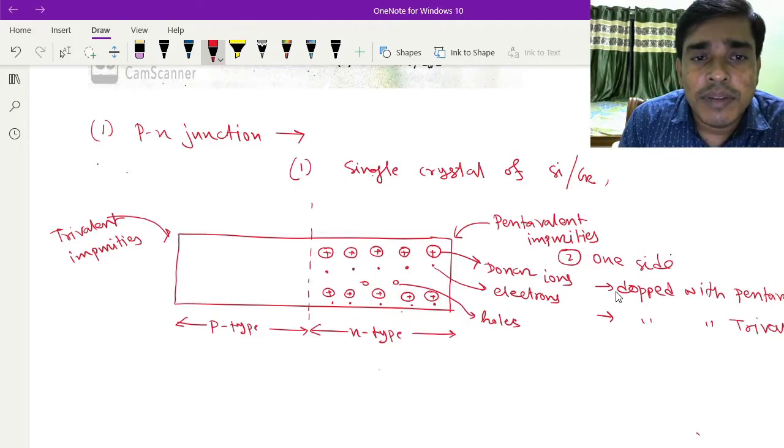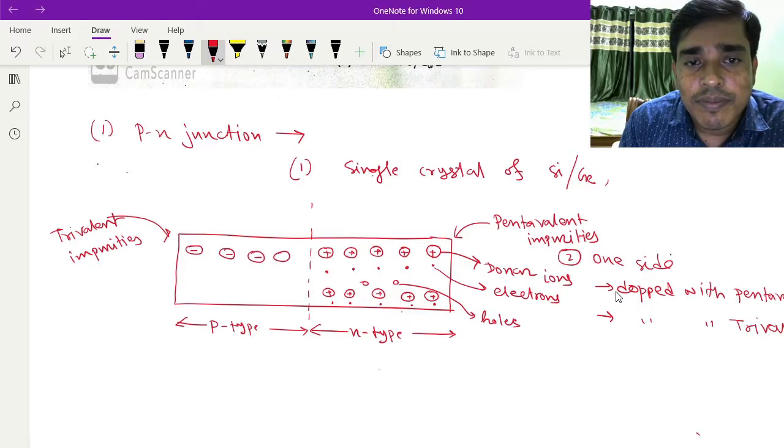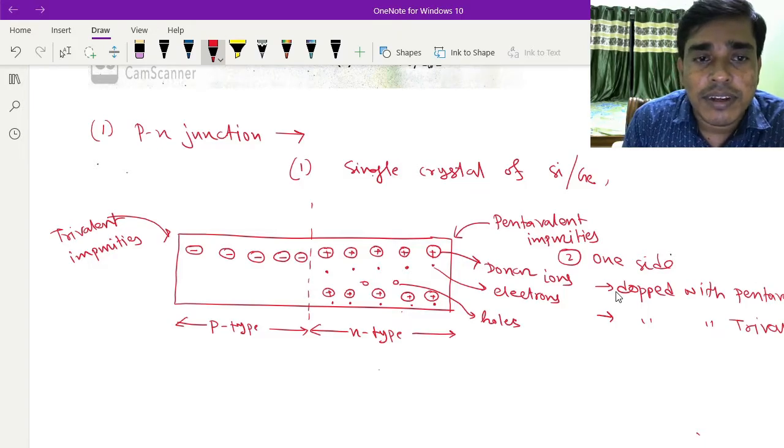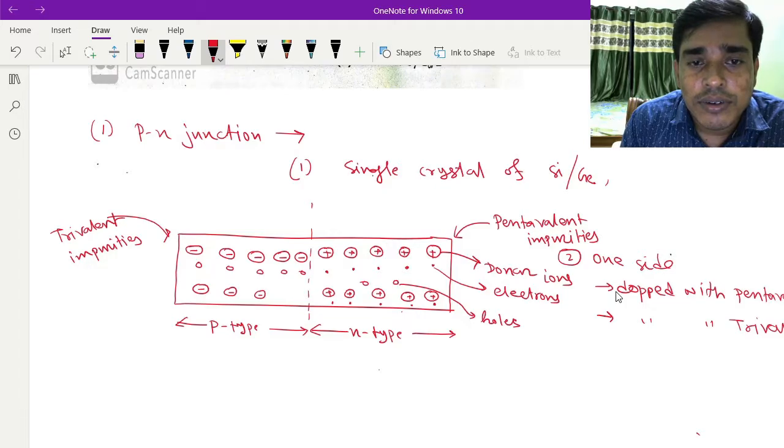In the p-type semiconductor, there will be acceptor ions, and each acceptor is associated with a hole.